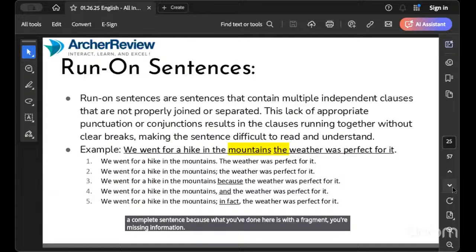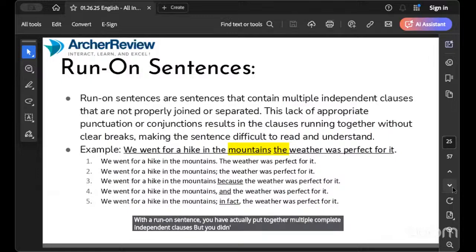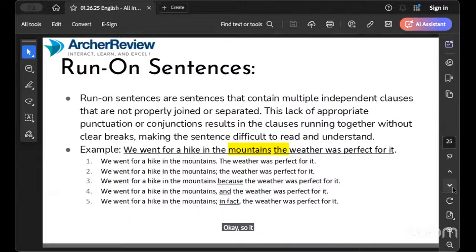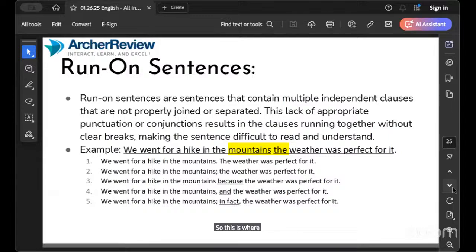With a run-on sentence, you have actually put together multiple complete independent clauses, but you didn't do it correctly. It's either missing the correct punctuation or the correct conjunctions. So this is where essentially you've put two together and you didn't show how or why they should be put together.